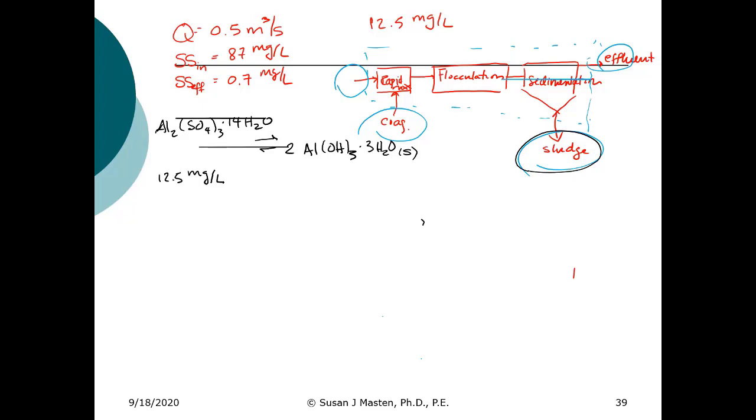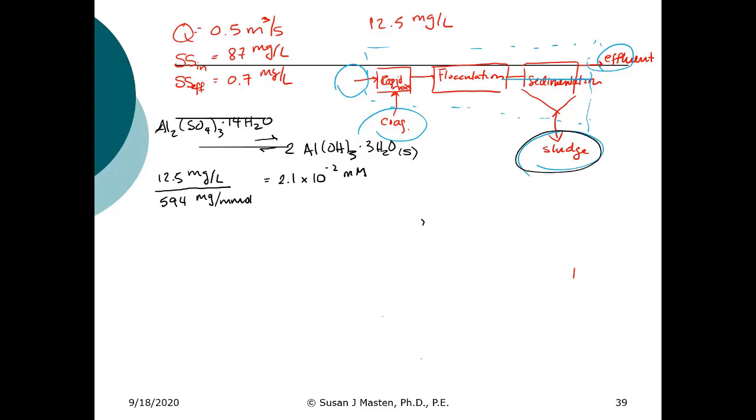So we added 12.5 milligrams per liter of alum. The molecular weight of alum, including the waters of hydration, is 594 milligrams per millimole, and that is equal to 2.1 times 10 to the minus 2 millimoles.